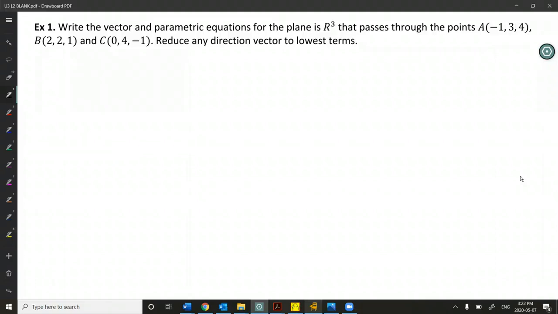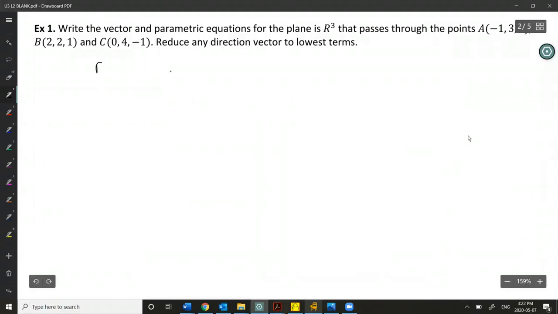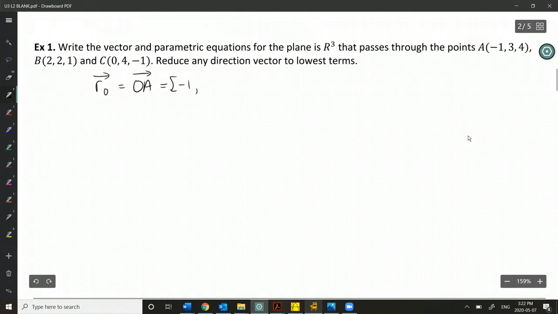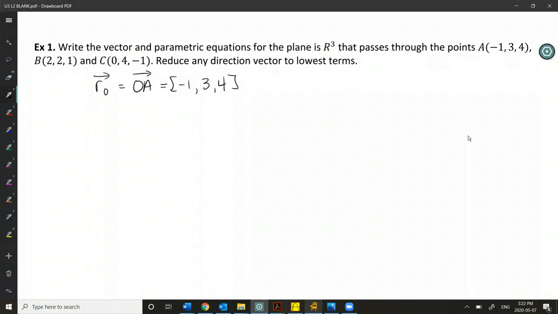Let's say, for instance, we choose point A for our position vector. That means that r naught, or our initial, is going to be the vector from the origin out to point A, which is -1, 3, 4. You can choose any of these 3 points to act as that position vector.